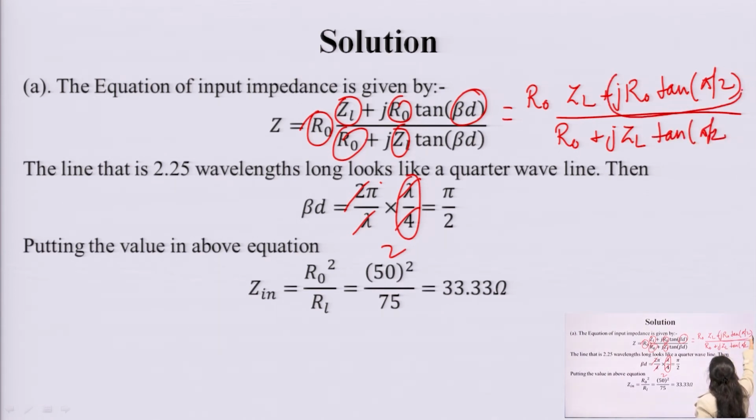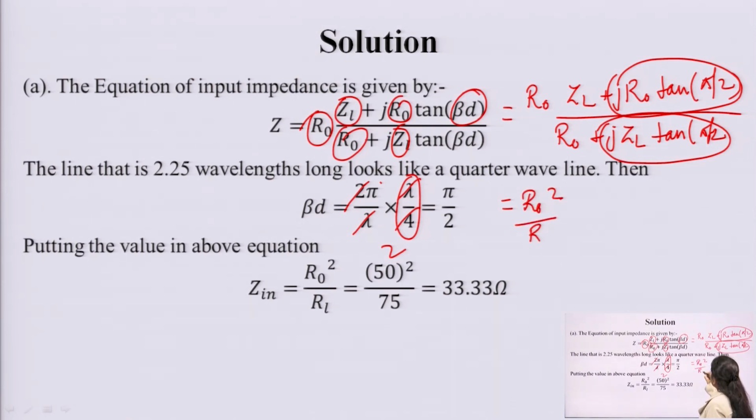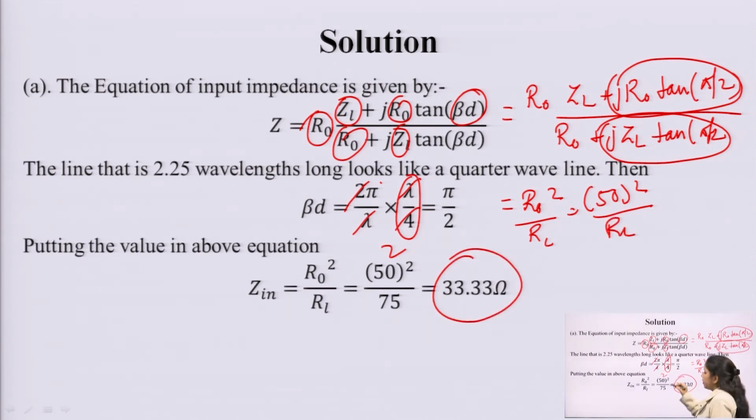So, this tan pi by 2 term is what decides the result, and this is the value we are getting.